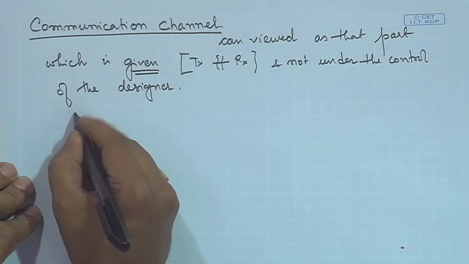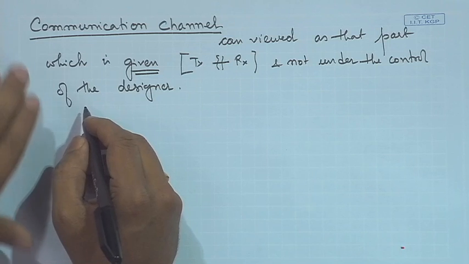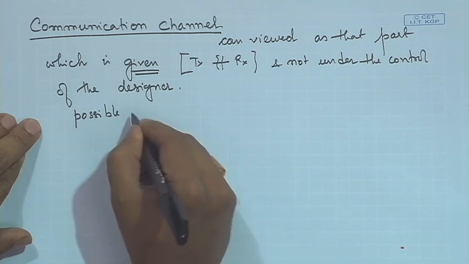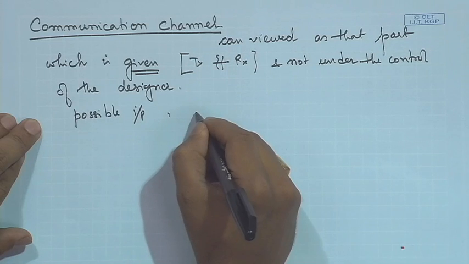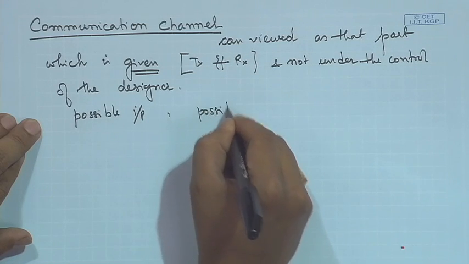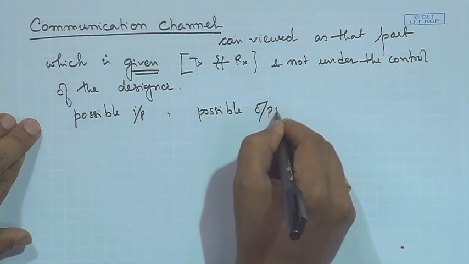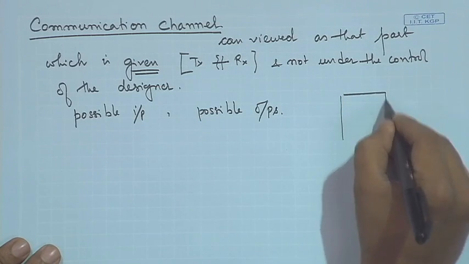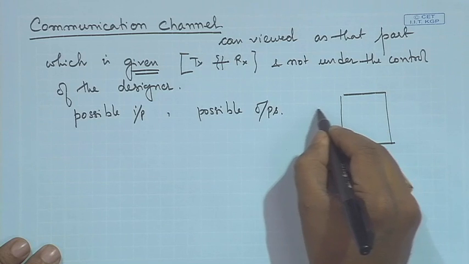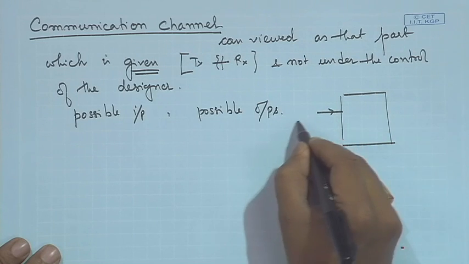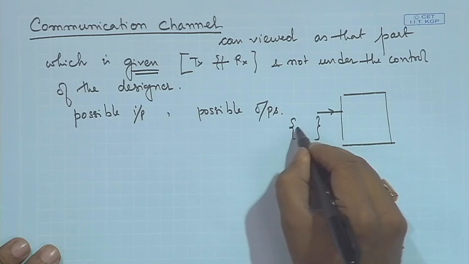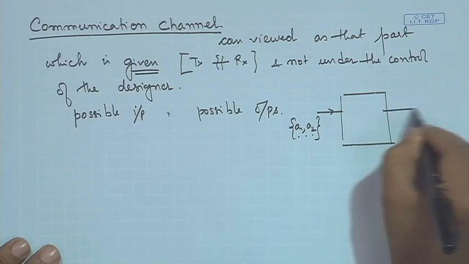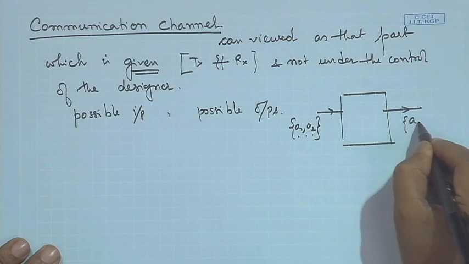we can think of the channel as a system which has a set of possible inputs and a set of possible outputs. So, what it means is that this is the channel, there are a set of things which go in and something comes out from a set.